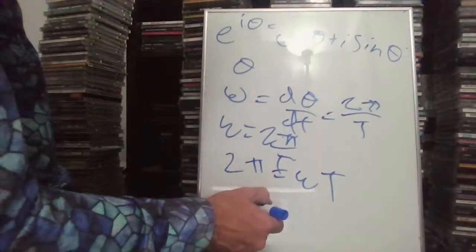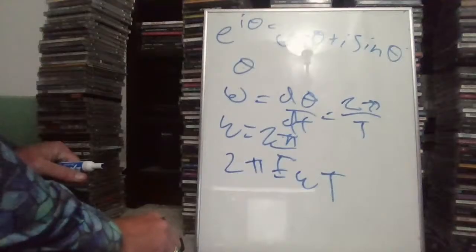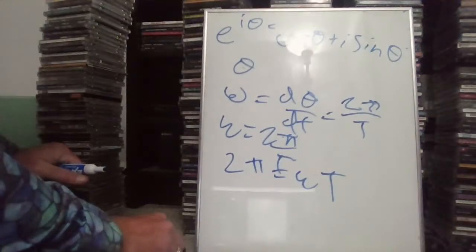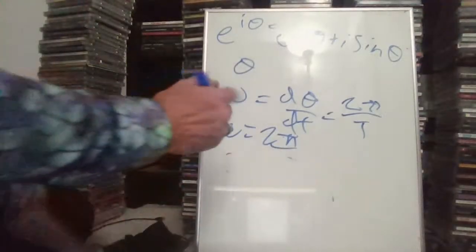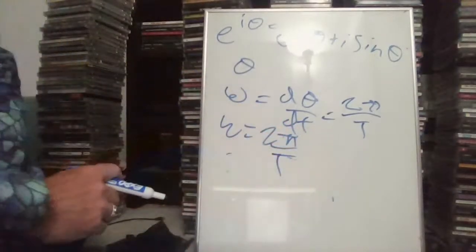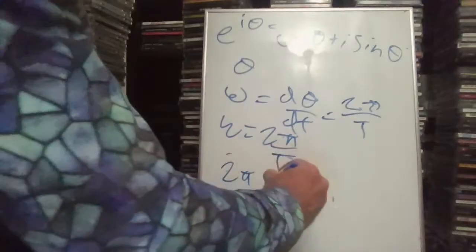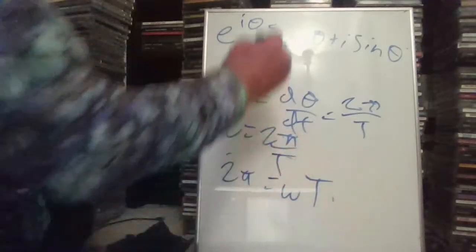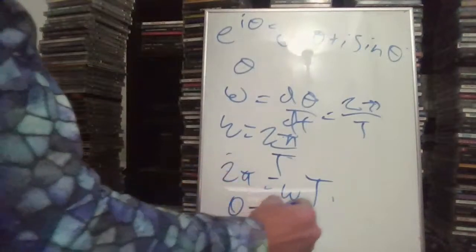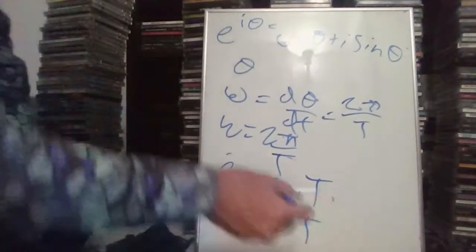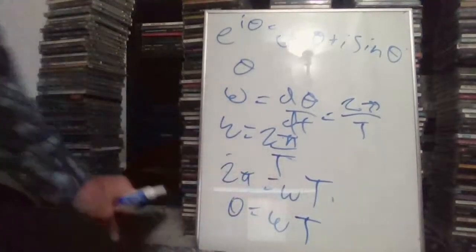Let's start over. If omega equals 2 pi over t, and 2 pi is the angle, then 2 pi equals omega t, and 2 pi is the theta, because 2 pi is an angle. So theta equals omega t. Little t if I mean any period, and capital T if I mean the fundamental period.